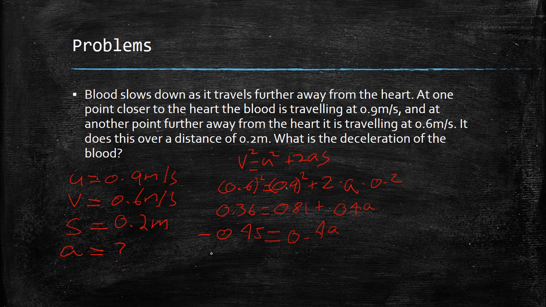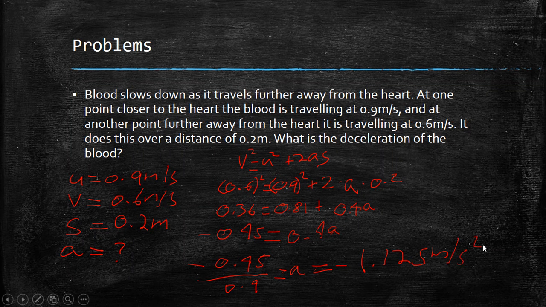We'll divide both sides by 0.4, we'll get negative 0.45 over 0.4 equals a, and this equals negative 1.125 meters per second squared.